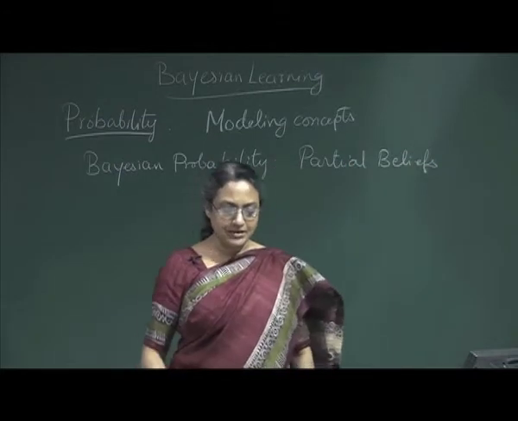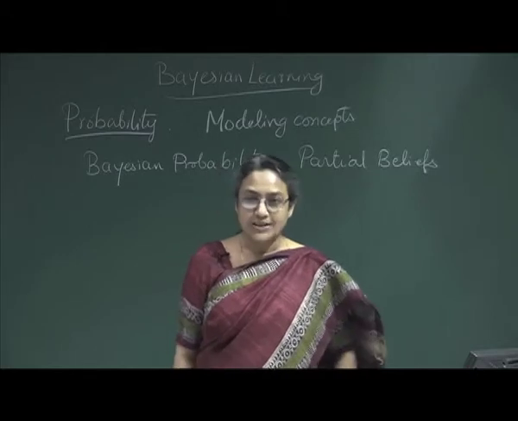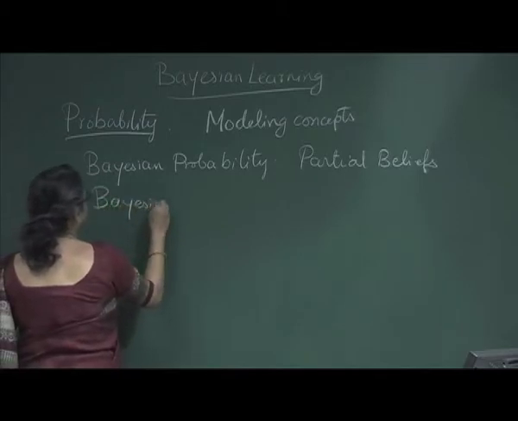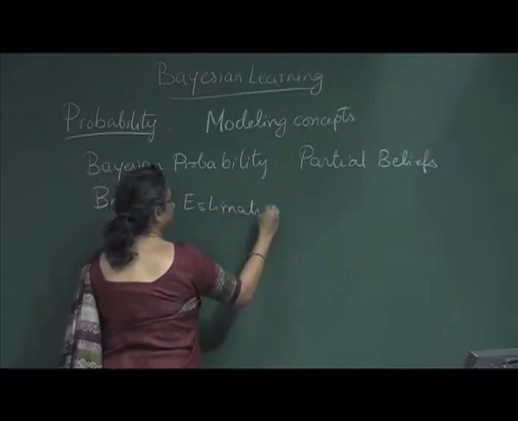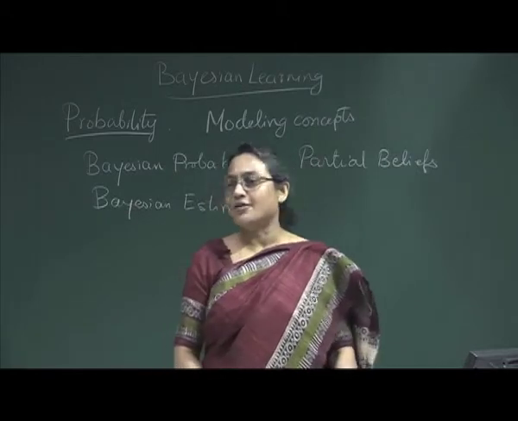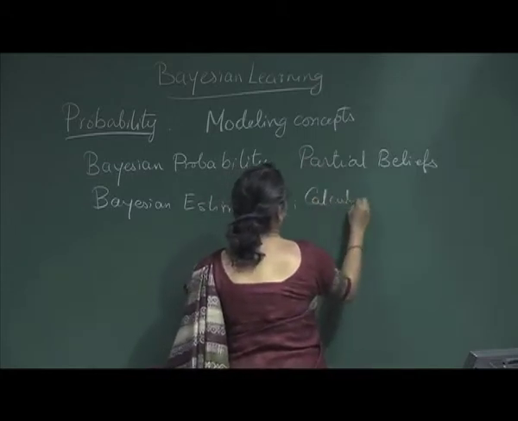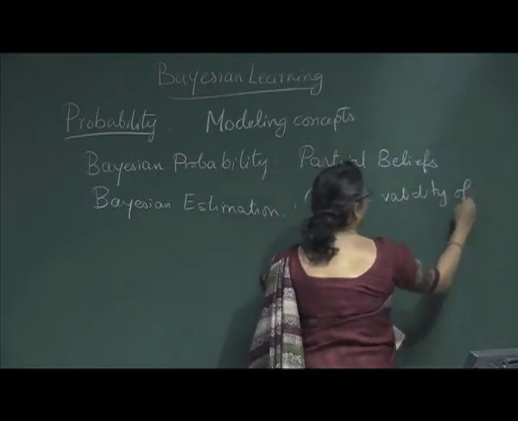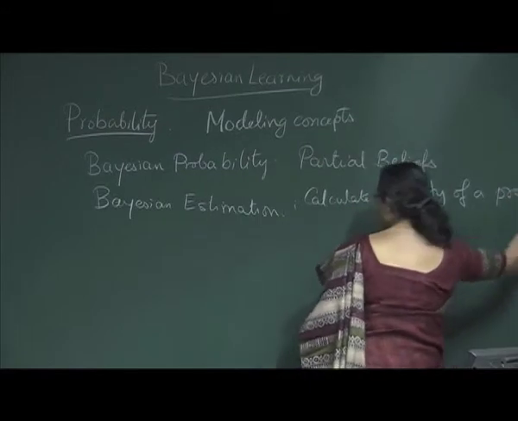So, Bayesian probability talks about probability interpretation as partial beliefs, and Bayesian estimation calculates the validity of a proposition. The validity of a proposition is calculated based on two things.